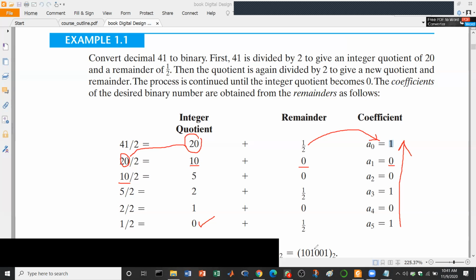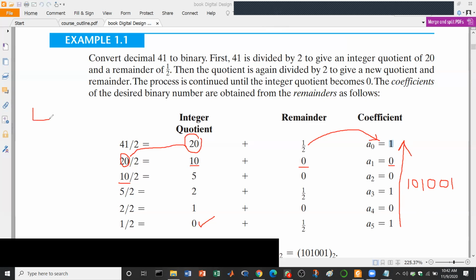So we finally write the number as 1 0 1, then 0 0 1, reading upward.